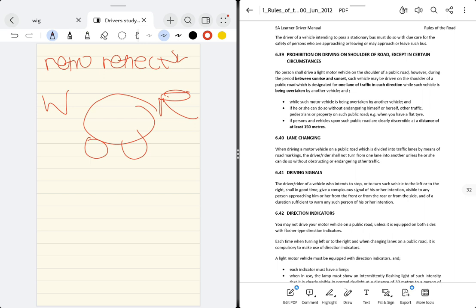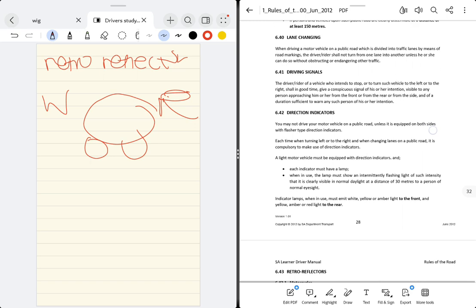However, during the period between sunrise and sunset, such a vehicle may be driven on the shoulder of a public road which is designated for one lane of traffic in each direction, while such motor vehicle is being overtaken by another vehicle, and if he or she can do so without endangering himself or herself, other traffic, pedestrians, or property on such public road, and if a person or vehicle upon such road is clearly discernible at a distance of at least 150 meters.